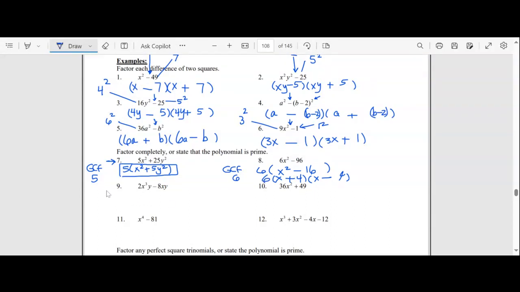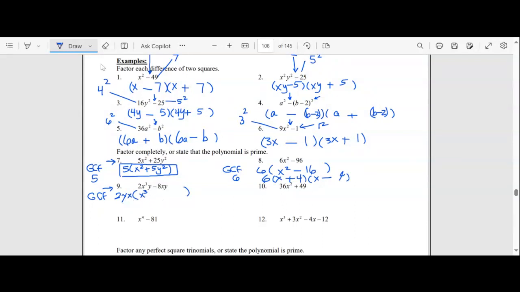Next one, number 9. What is the greatest common factor here? 2. So take 2 outside. What's left? x cubed. Now, what else can I take? I can take also y as a common. Can I take x as a common as well? Yes, I can take x as common. So you can take also x.